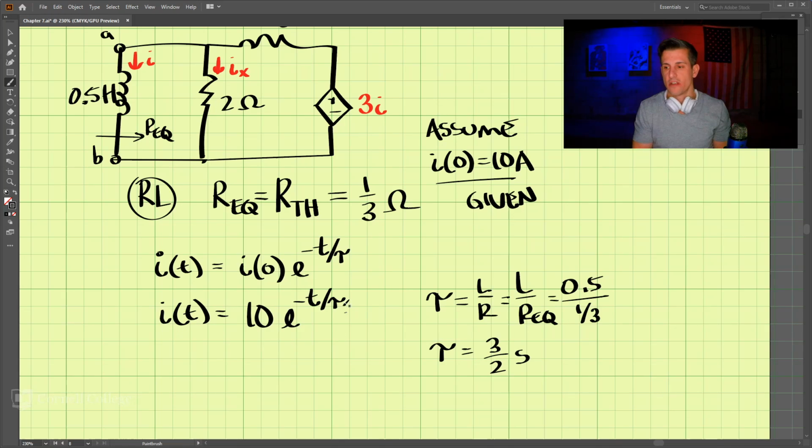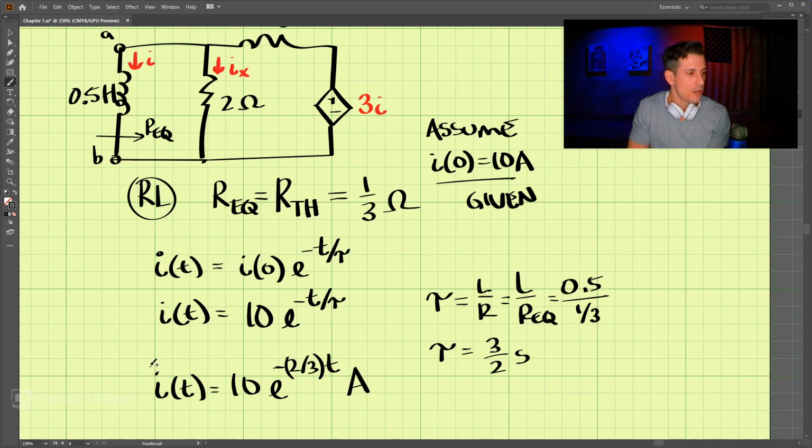And then we can sub that in here. I of t is equal to 10 e to the negative 2/3 times t amps. So that is our current here.